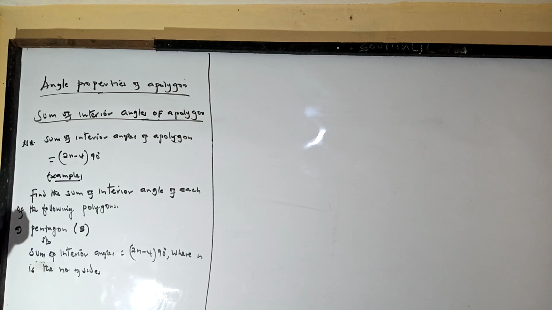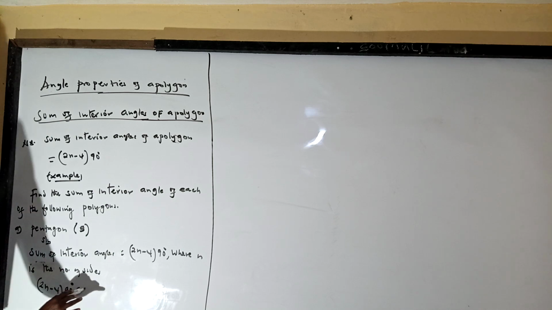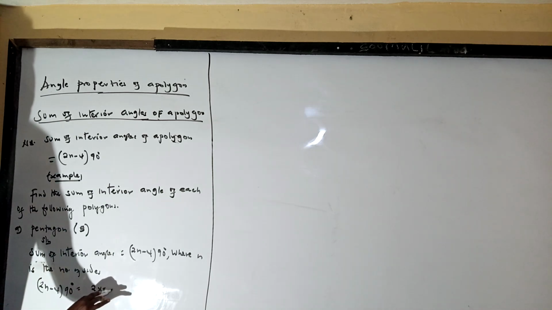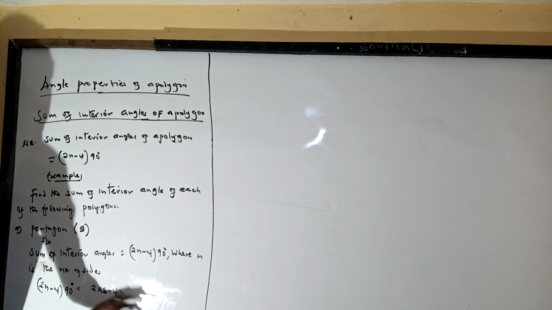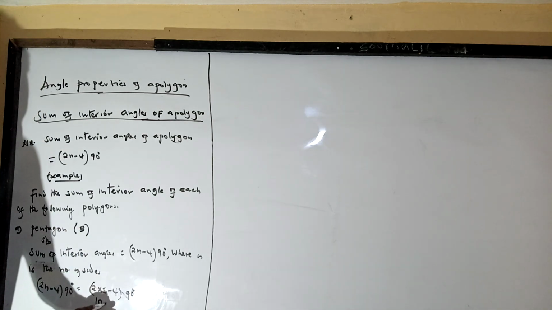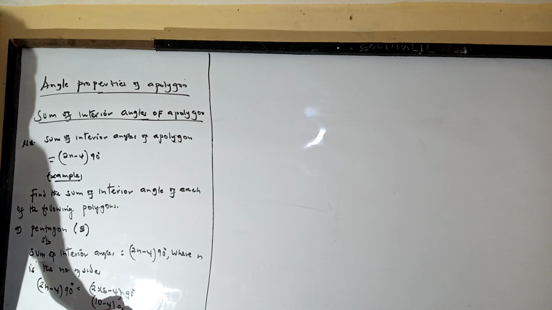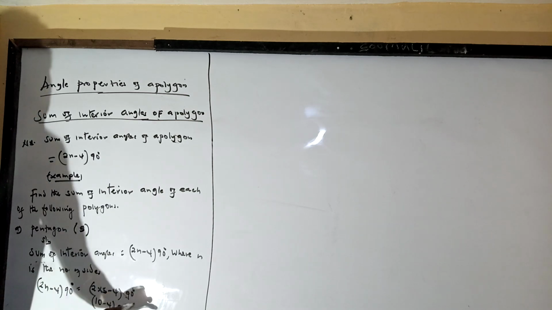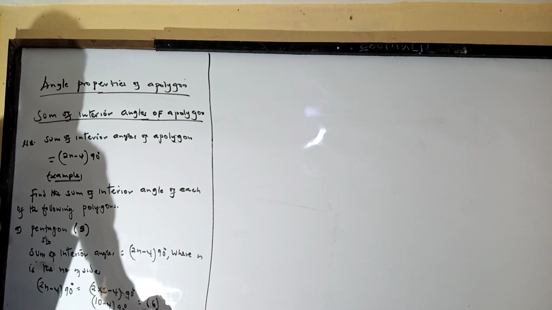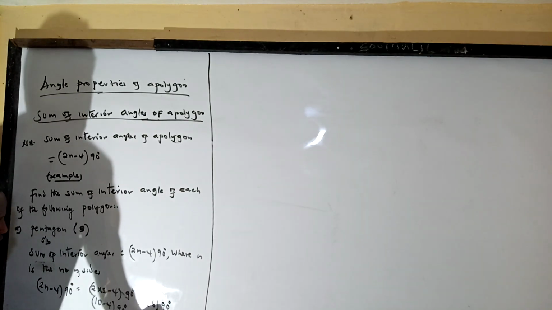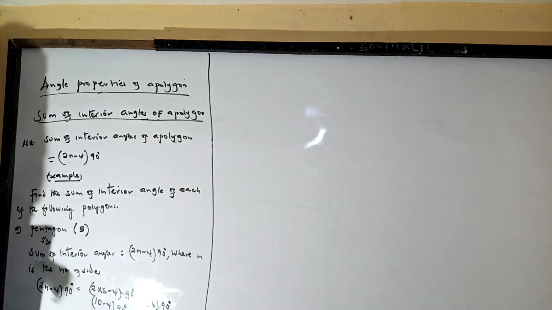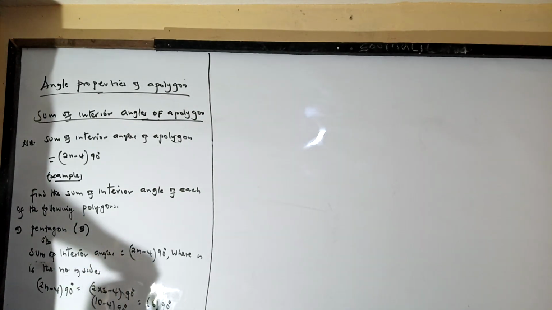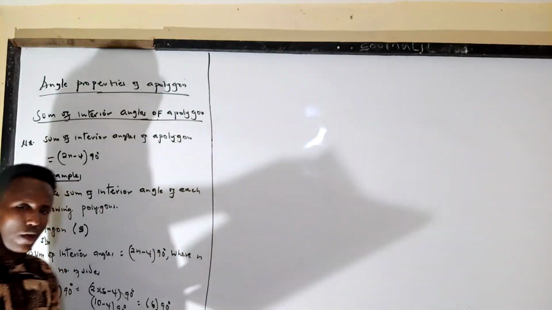Then by substituting the value of n here, we have 2 times 5 minus 4, times 90 degrees. So this will give us 10 minus 4 times 90, that is 6 times 90. So the answer will be 540 degrees. This is how you're going to get the sum of interior angles of a pentagon.